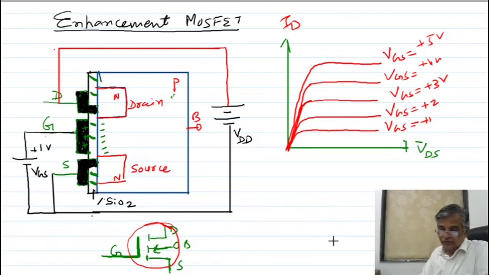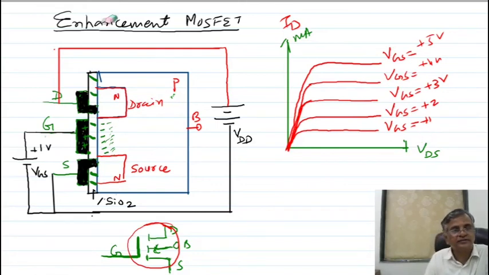As plus 1 charge is induced, you will get such kind of graph. At plus 2, more charge is induced, so you can get more and more electrons, so a channel is induced. As a result, current will flow like this, and this is the graph of drain current versus VDS for an enhancement MOSFET.